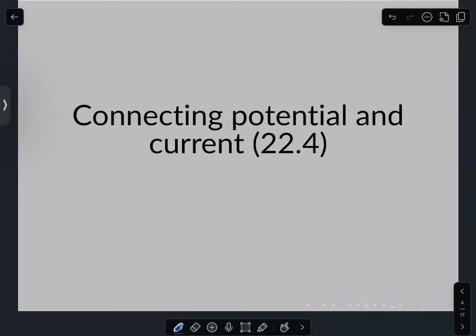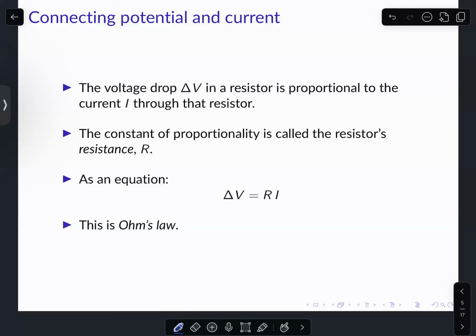This is true for one kind of thing, the resistor. It applies for resistors. And Ohm's law, what I'm giving you here, is a statement about resistors.